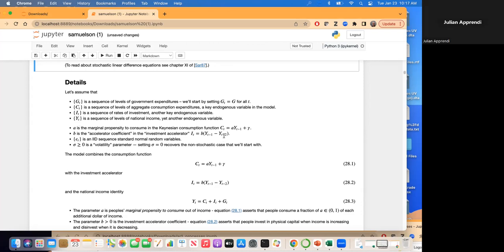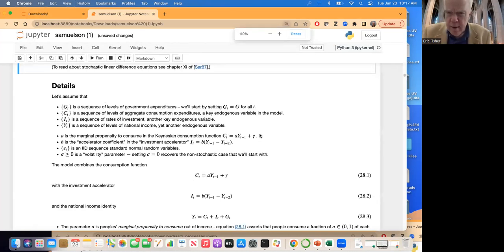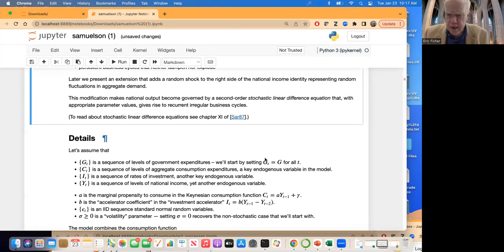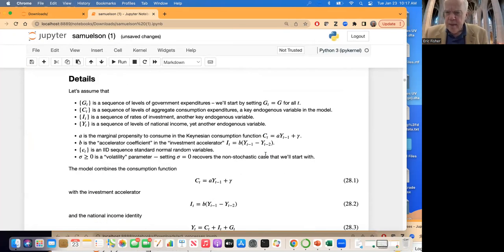Now, the consumption function is the classical Keynesian consumption function. Let me make it bigger, Command Shift, so you can see it. So first of all, government spending is an exogenous sequence at fixed G. That's just fiscal policy fixed across time.